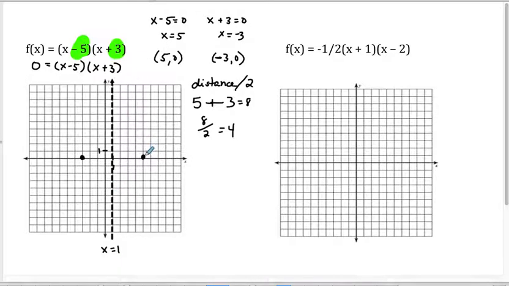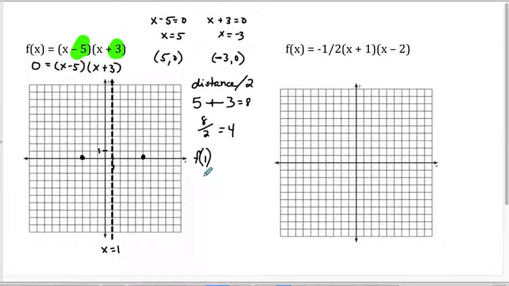Now I know these are my roots, I know this is my parabola, and I know it's going to open down, but I still don't know exactly where my vertex is. So here's where I need to do a little bit of work. I'm going to plug the x value for the axis of symmetry into the equation and solve for the y value.